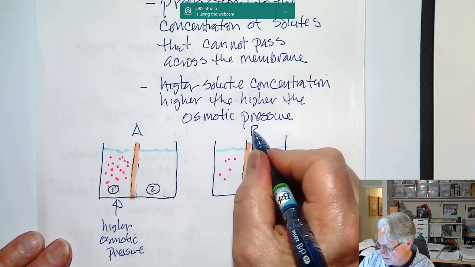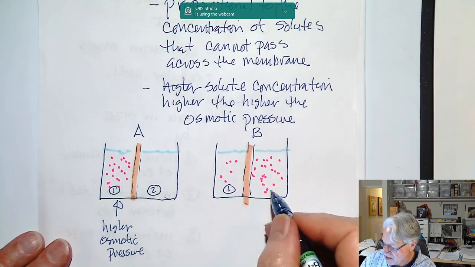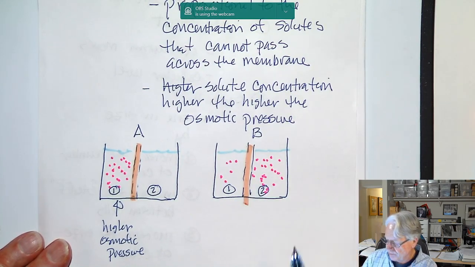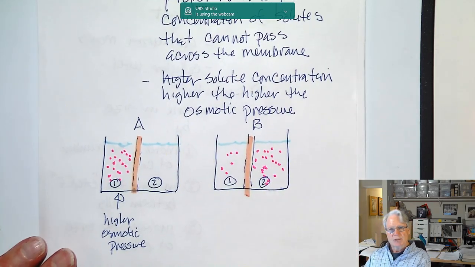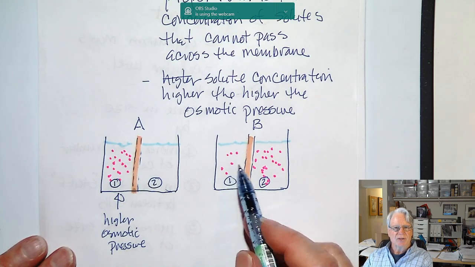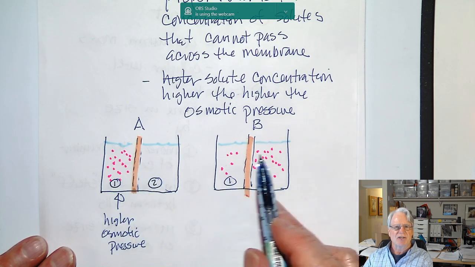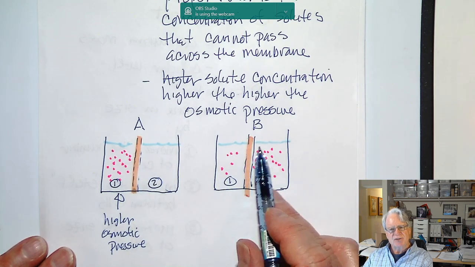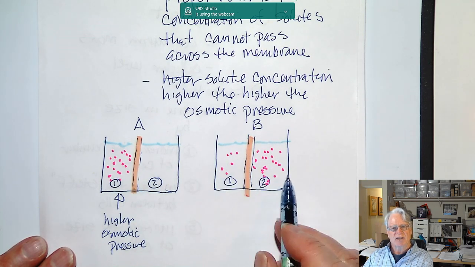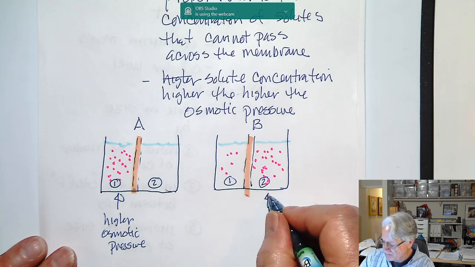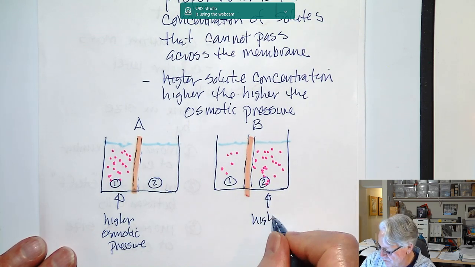What about in scenario B? Well, it's not so dramatic as this scenario, but this has a higher solute concentration than that side, so this has the higher osmotic pressure.